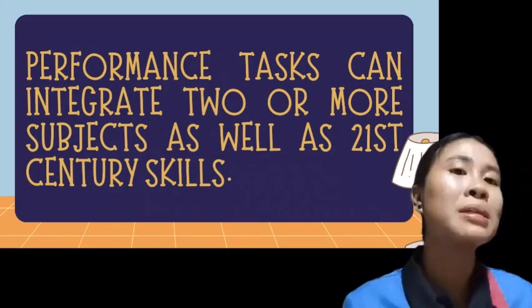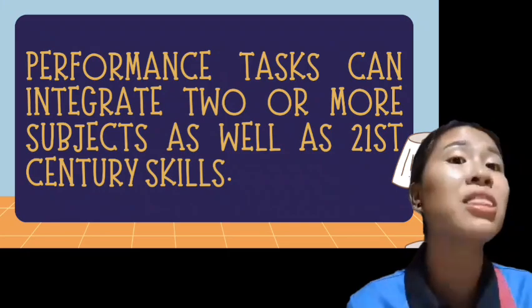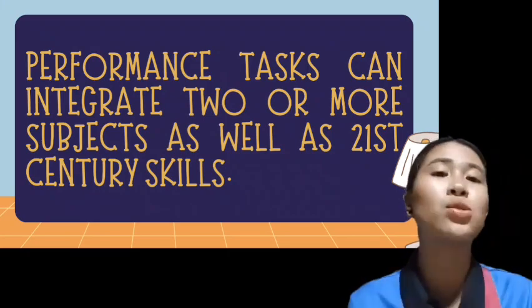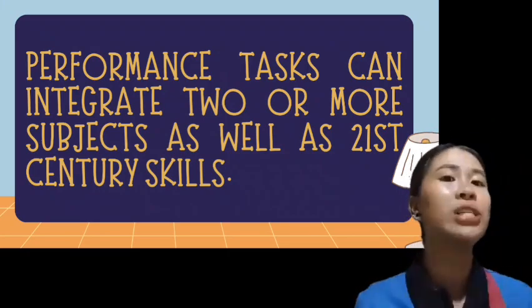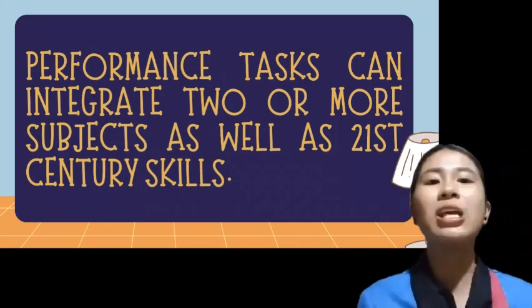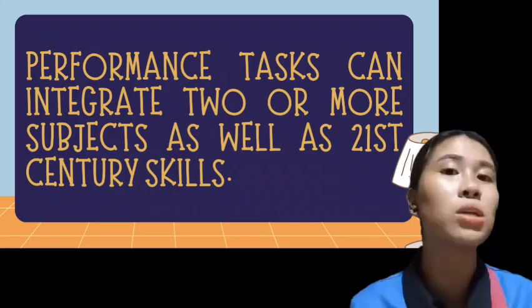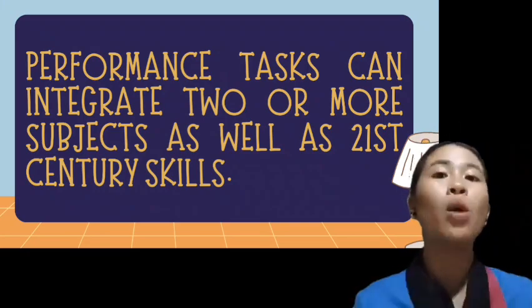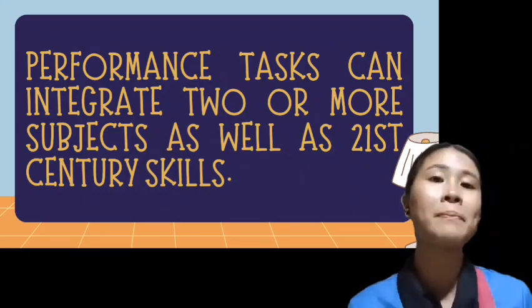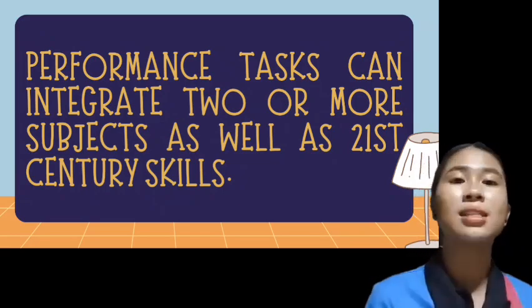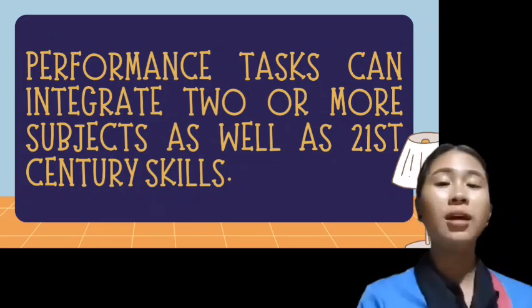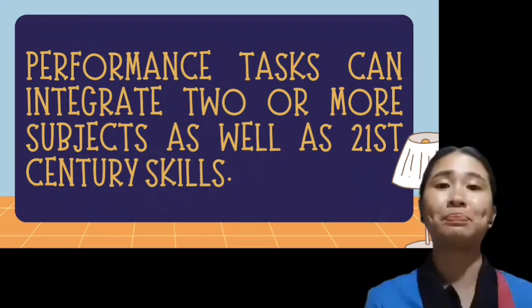Similarly, a performance task in a science and math class might ask students to design a sustainable energy system for a building. This task integrates science and math and requires individuals to use knowledge and skills related to energy systems, environmental science, data analysis, and problem solving.